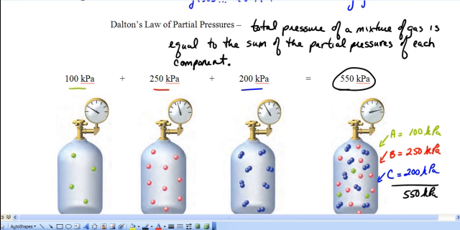So you just add up all the partial pressures of all the individual gases in the mixture, and voila, you have the total pressure.